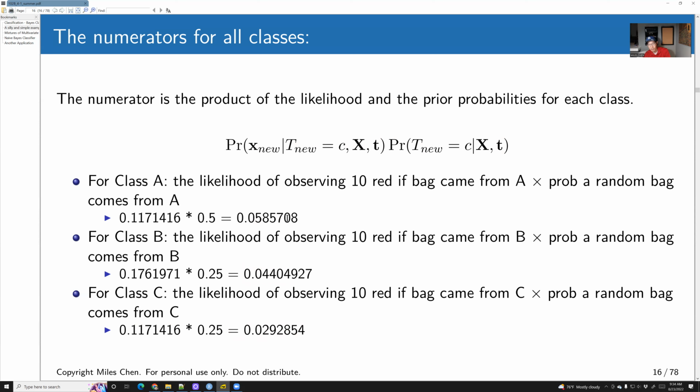If I told you, okay, you have these three numbers, 0.058, 0.044, and 0.029, and I want you to scale them so the sum adds up to 1, you would add these up, and they add up to, I don't know, like 14%, and we're going to now divide each number by 14%, and now the three numbers will add up to 1.